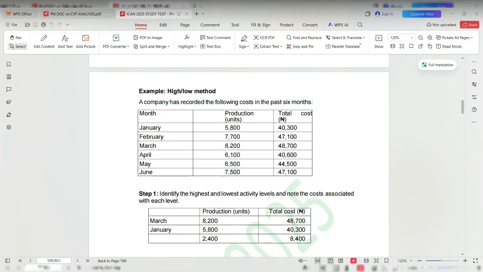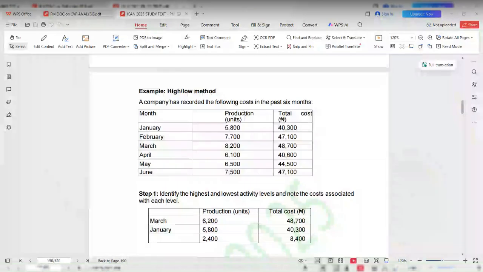So our A equals 20,000. That means our fixed cost will always be 20,000 naira.